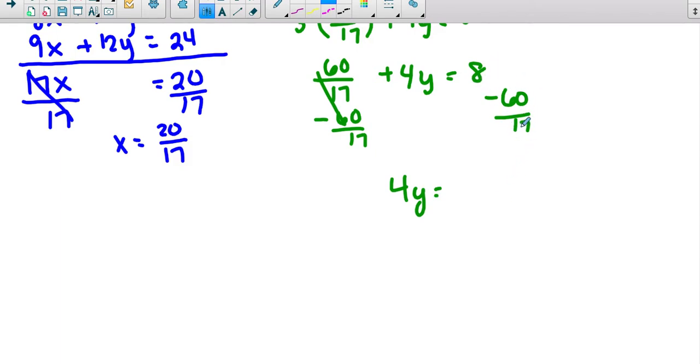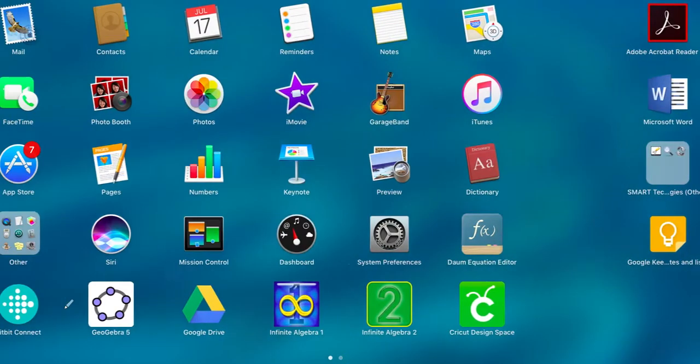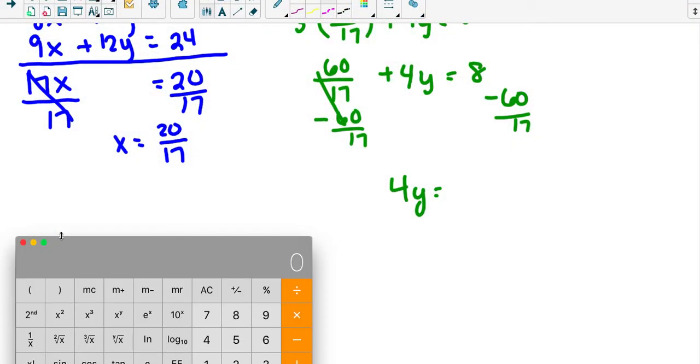in order to do fractions, you would want to make sure they have the same denominator. But in the interest of time, let's go ahead and pull up the calculator. And we have 8 minus, I'm going to do open parentheses, 60 divided by 17, close parentheses, and hit enter.